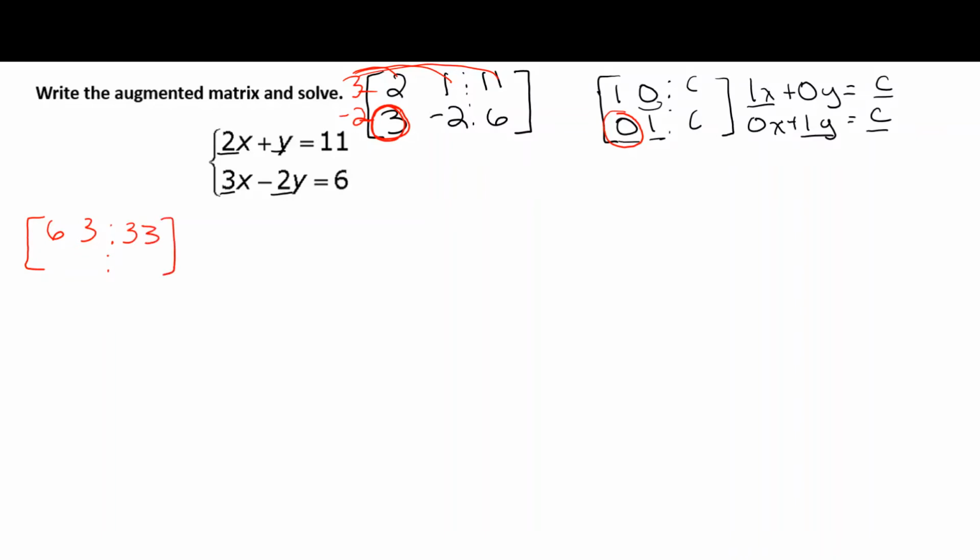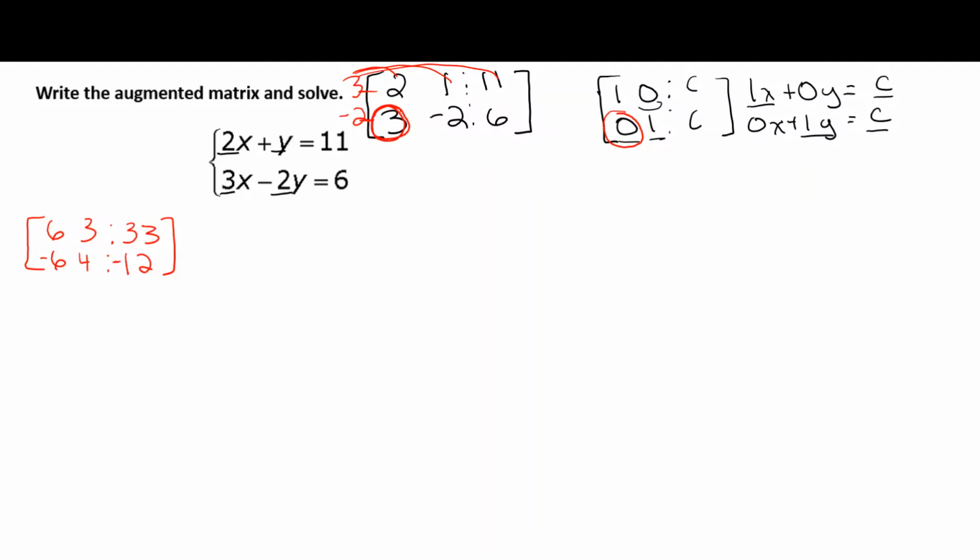Now I'm going to also multiply the bottom row. -2 times 3 is -6. -2 times -2 is +4. And -2 times 6 is -12. So I haven't really changed my equation, just put it in a different form.